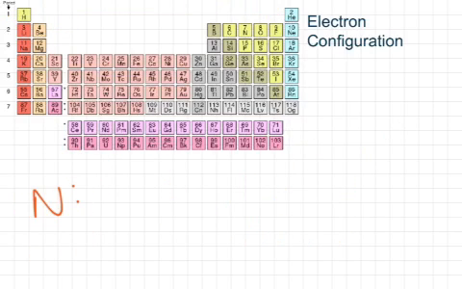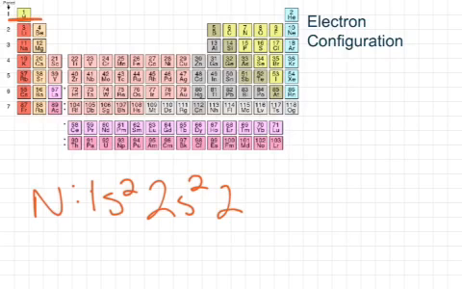If we continue on to nitrogen along the same path, remember we're always starting with element 1, so the hydrogen and helium electrons are 1s2, and the lithium and beryllium electrons are 2s2. When we cross over to boron, what we are changing is not the energy level. We're still on energy level 2, but we've now entered new orbitals. So we now have p-type orbitals, and we're going to go 1, 2, 3 over.